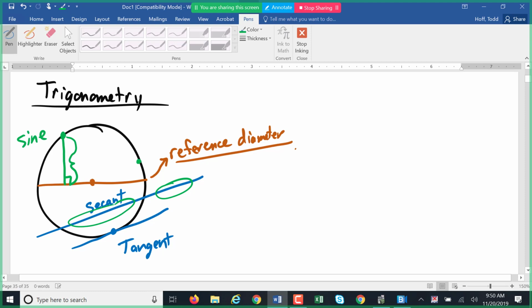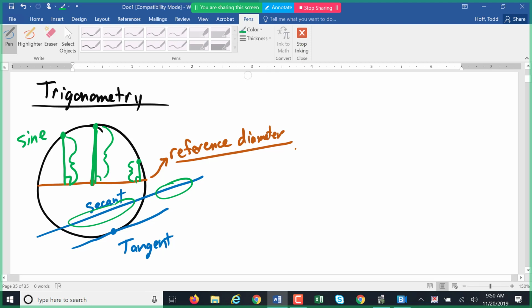So this point over here also has a sine. It would be that length. This point here has a sine. It would be that length. Now in that case, that point being right over the center of the circle, that sine is just going to be equal to the radius of the circle.